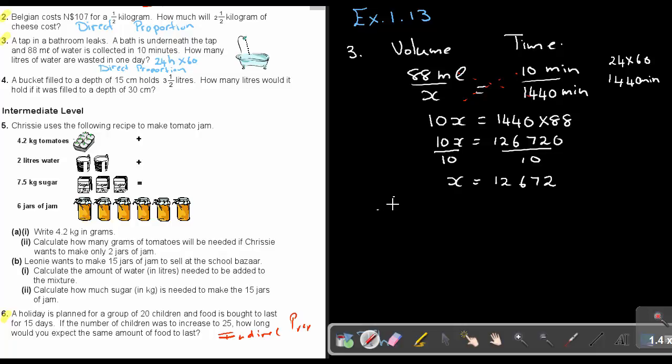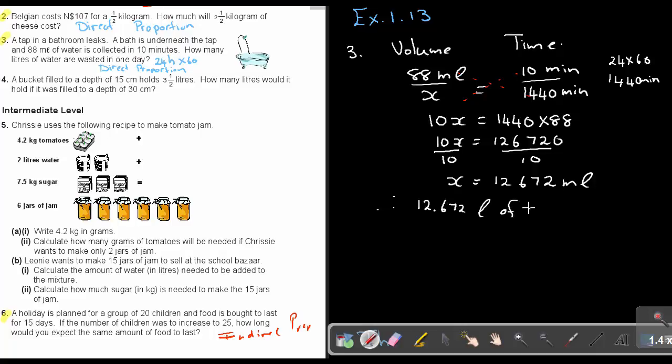So therefore, remember this is in milliliter. So if I want to make it liter, I divide 1,000. So I can say 12.672 liter of water are wasted. It's quite a lot. So remember to make sure that your taps are not leaking, to spare water.